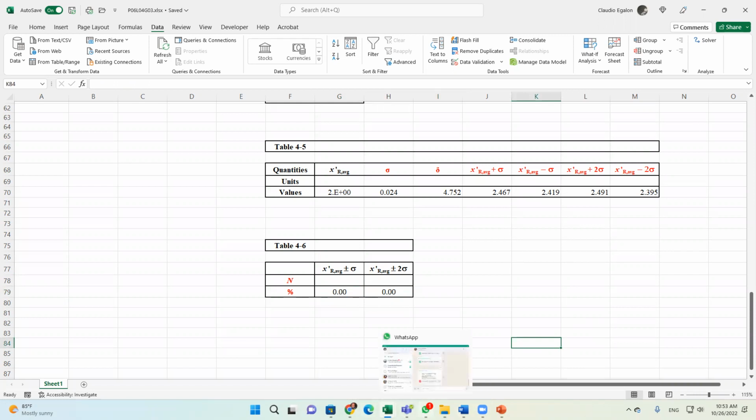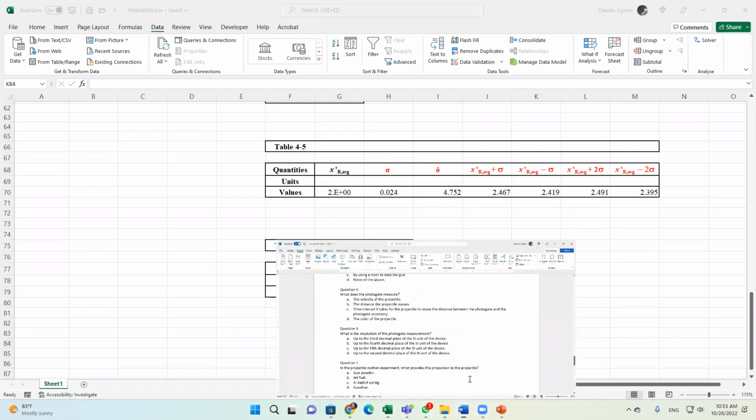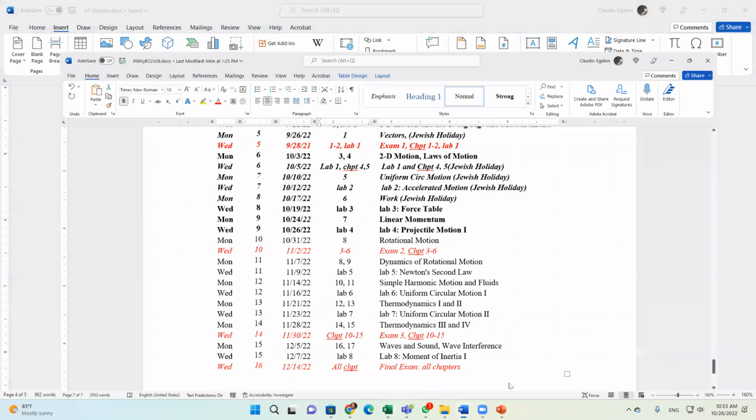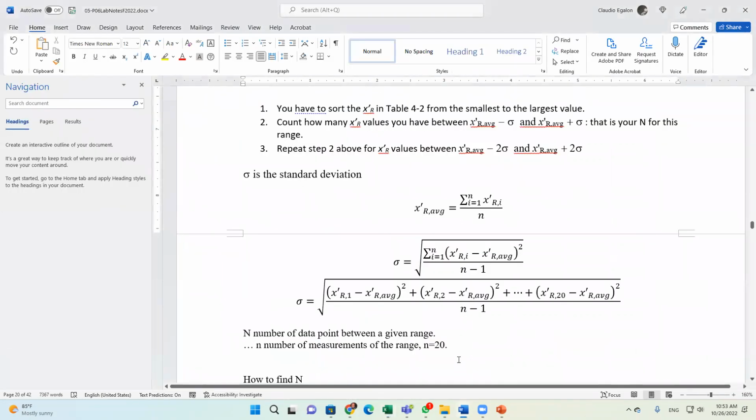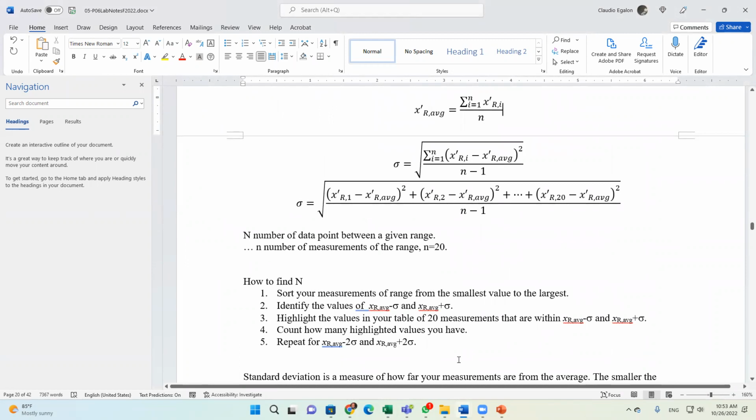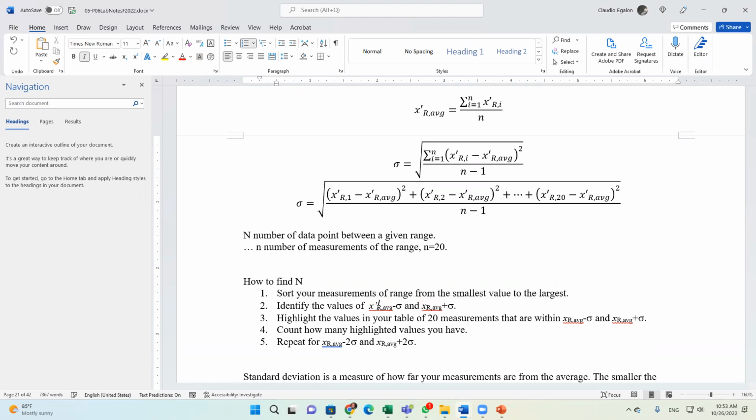Also, let me write that down here for you. It's best if we spell it out in writing, right? Repeat how to find N. Okay. Sort your measurements of range from the smallest value to the largest. Identify the values X average minus sigma. It should be prime here, X prime, because those are the measured values, right? Plus sigma. Highlight the values in your table of the 20 that are within those two values.